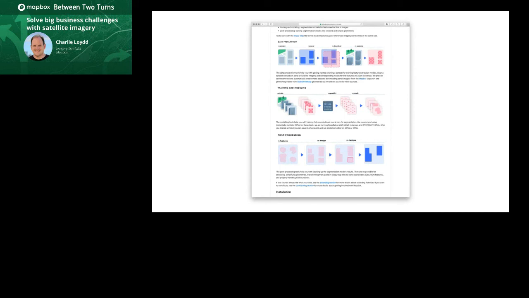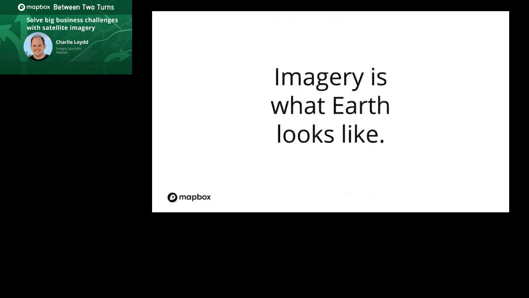But first, I want to remind you of the single most important point here, which is that imagery is what Earth looks like. This is the fact that makes imagery valuable across all these quadrants we saw. Imagery that you upload, imagery that we provide, in situations where imagery is merely complementary, and in situations where imagery is the focus.